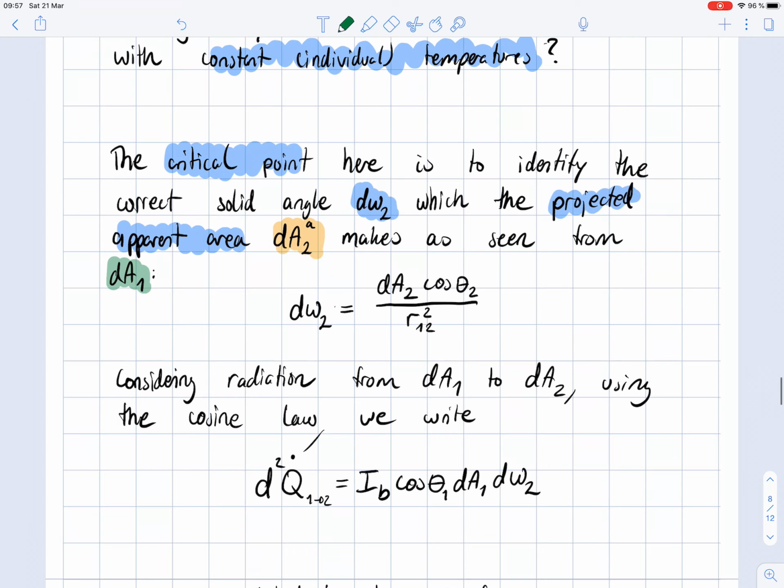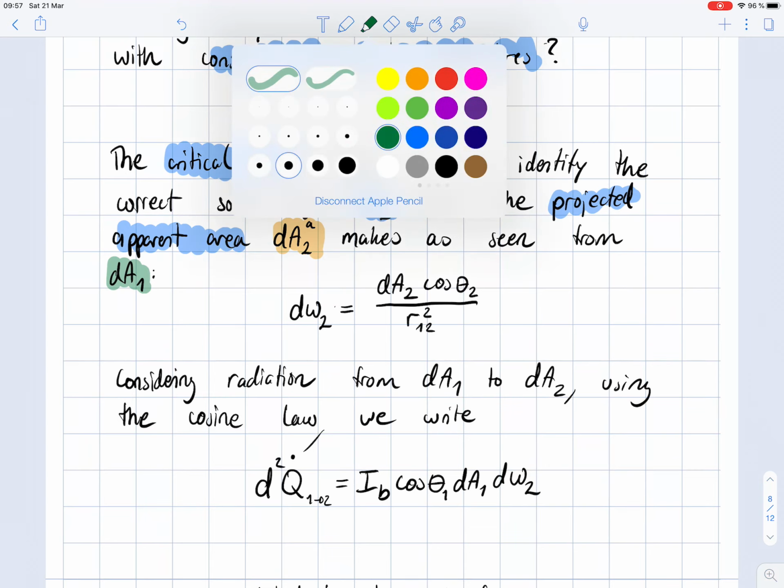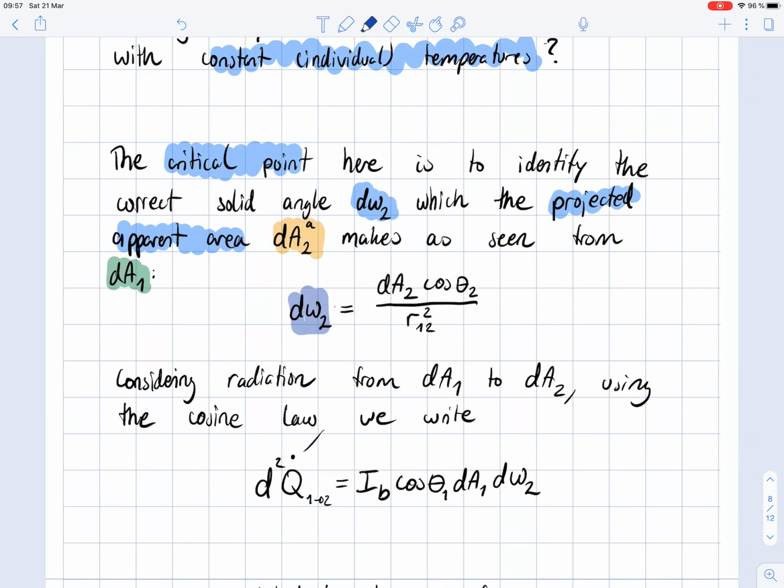So the solid angle dW2 which the projected area dA2 makes with dA1 is given in this expression.